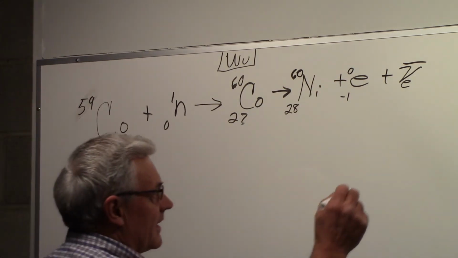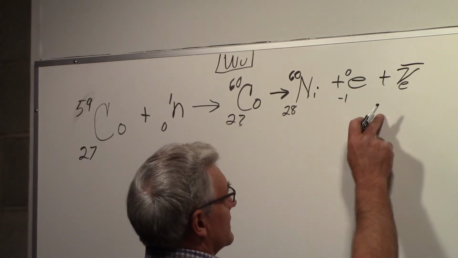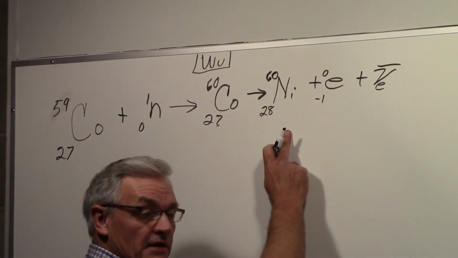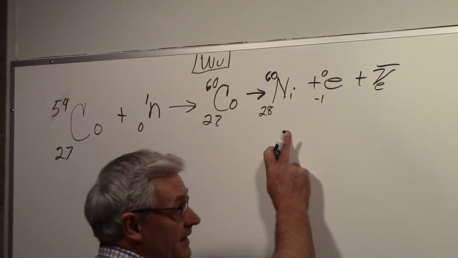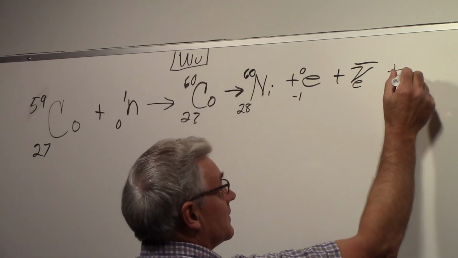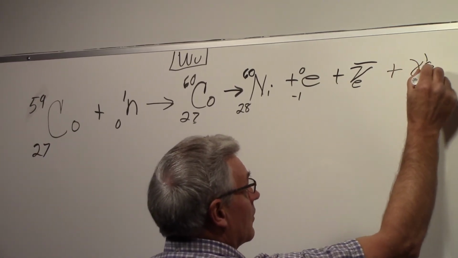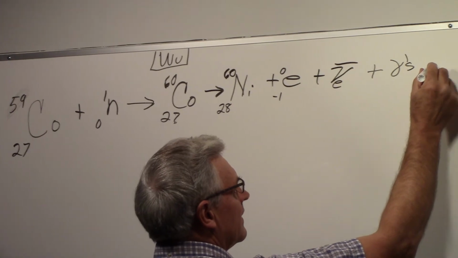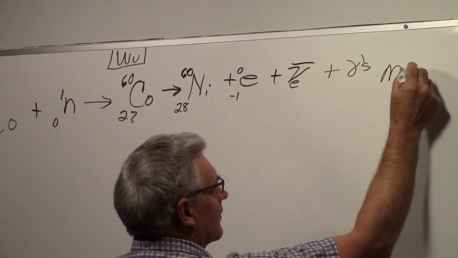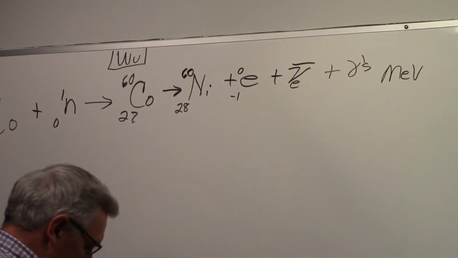The other thing that comes out of this, the nickel nucleus is in an excited state. So there are a couple gamma rays that come off, and they are in the mega electron volt range.